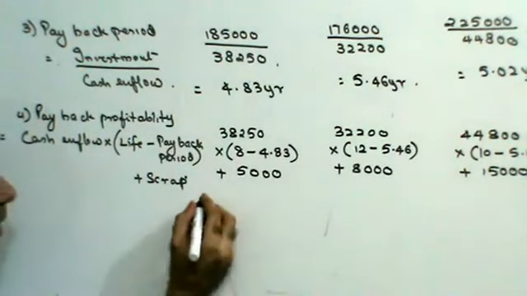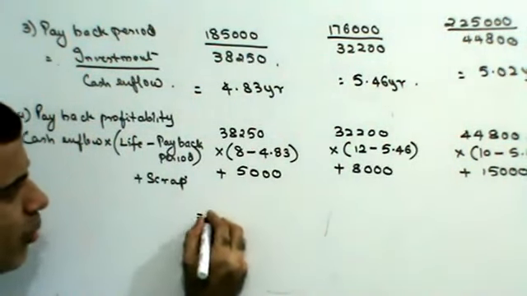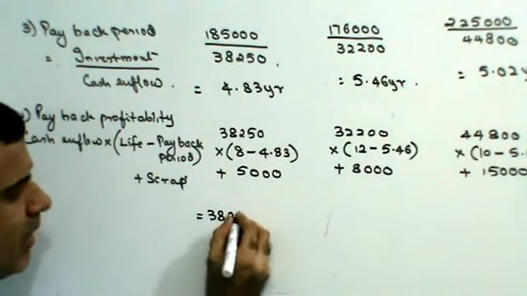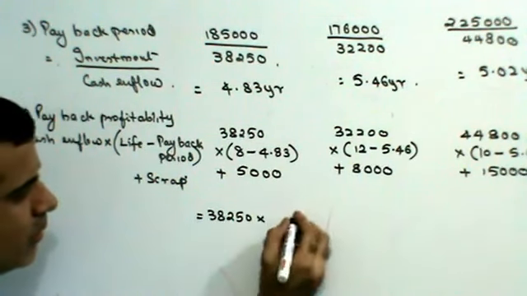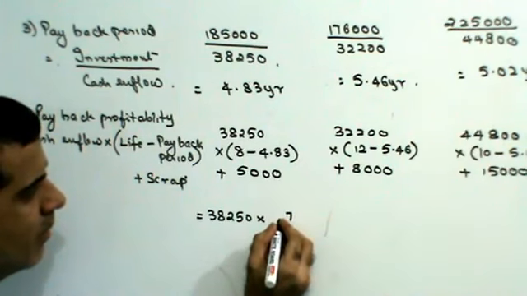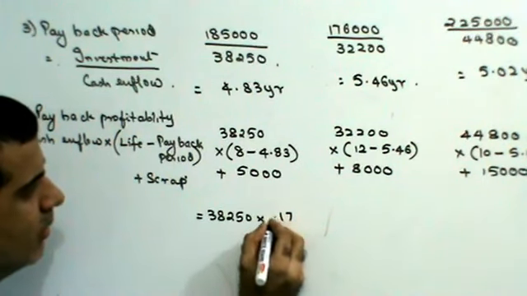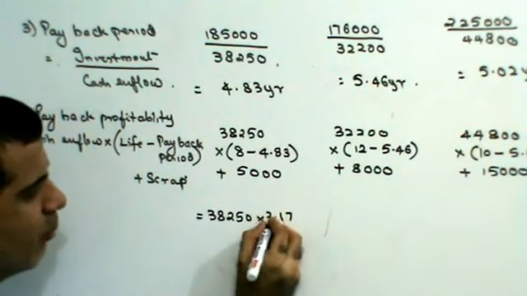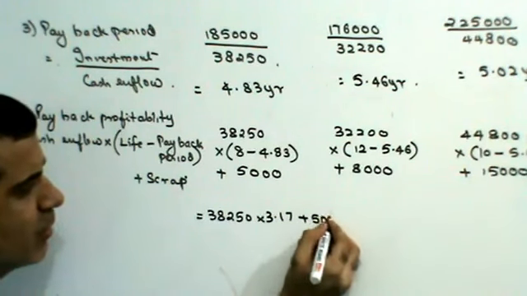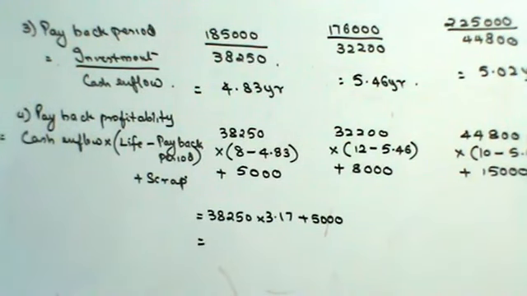My payback profitability here is going to be 38,250 into 8 minus 4.83, this becomes 3.17, plus 5,000. Someone please do this. 38,250 into 3.17 plus 5,000.